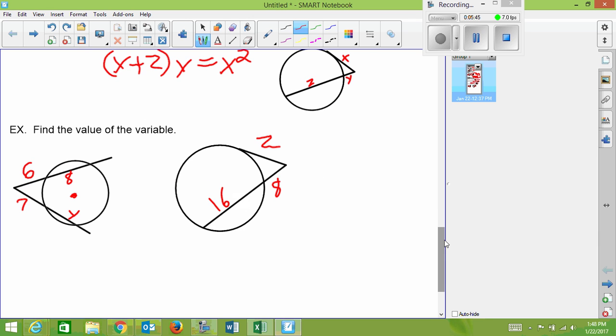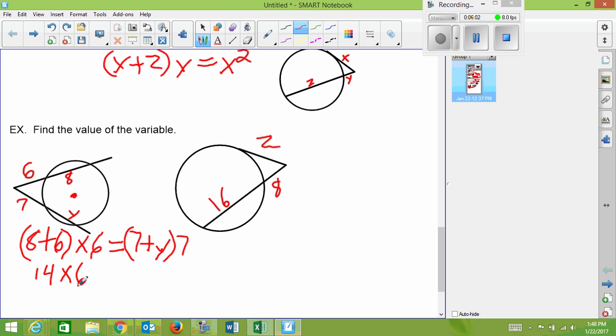Okay? So I'm going to set this up. 8 plus 6 times 6, which is the outer piece, has to equal 7 plus y times the outer piece, which is 7. So 14 times 6 has to equal, again you have to distribute, 49 plus 7y.